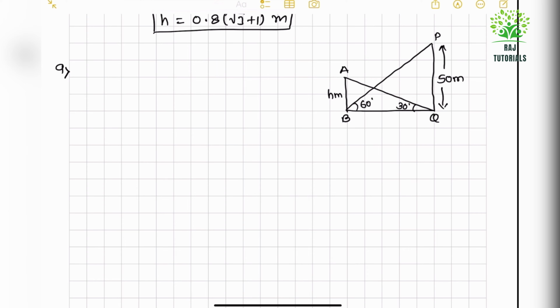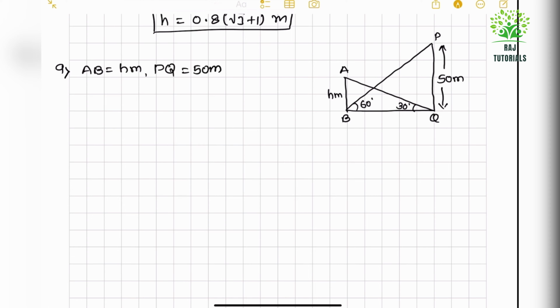Now next says the angle of elevation of the top of a building from the foot of a tower is 30 and angle of elevation of the top of the tower from the foot of building is 60. If the tower is 50-meter high, find the height of the building.